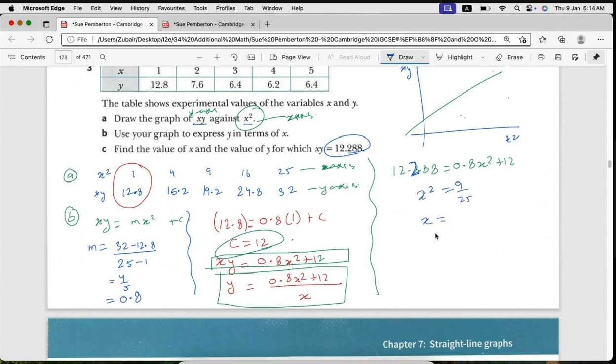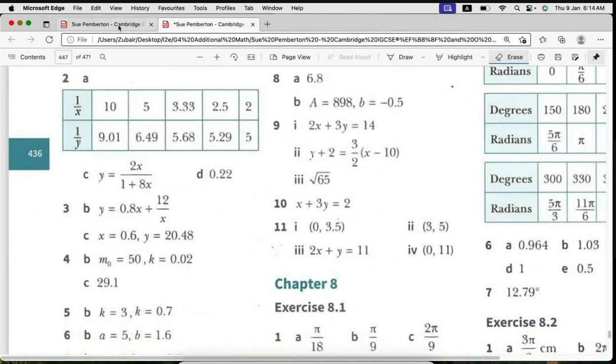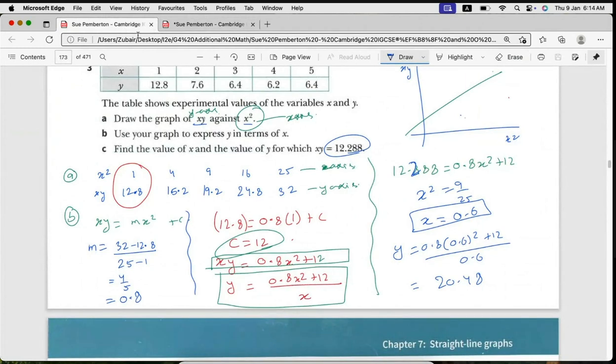So x is equal to square root of 9 by 25, and the answer is exact 0.6. So 3 over 5, 0.6. Okay. y is equal to 0.8 into x square, 0.6 square plus 12 over 0.6. And I'm getting 20.48. Now it's correct. Yeah, 20.48.